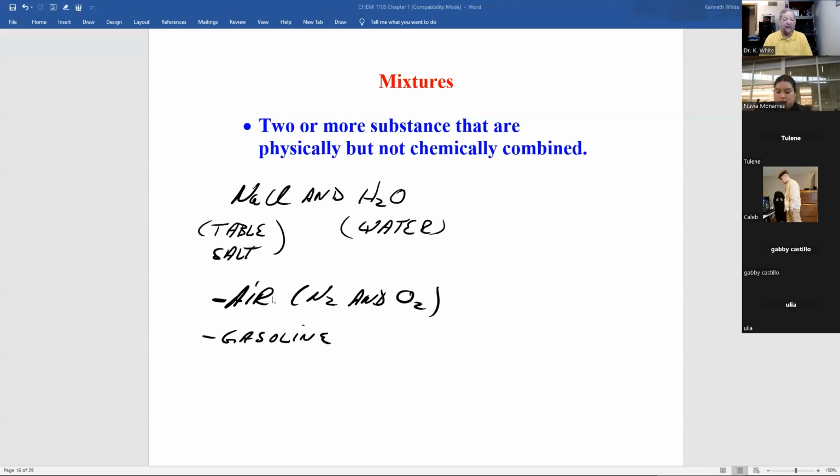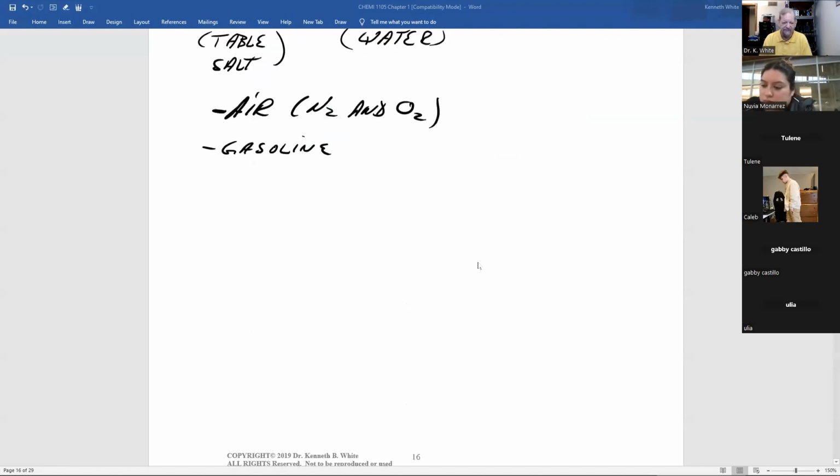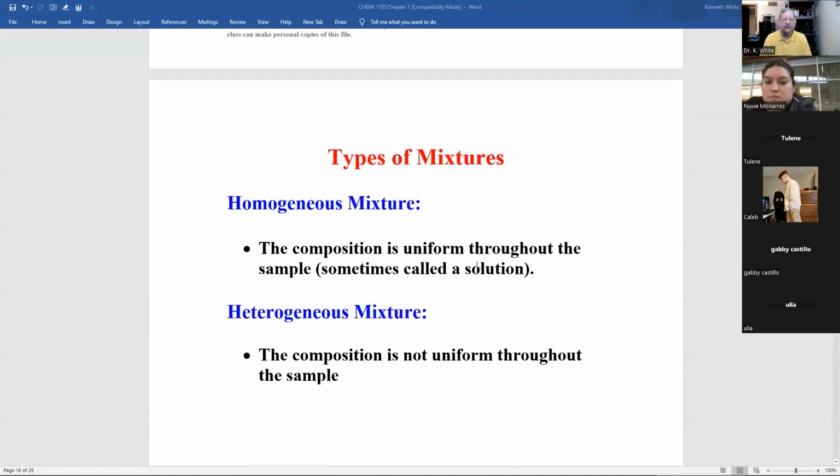Now, I was talking about mixtures, and as you know, from what I mentioned earlier, my public service announcement, throughout the semester, at certain times, I'll teach you things about things I know from having worked in the chemical industry that help you. All right, now there are two types of mixtures.